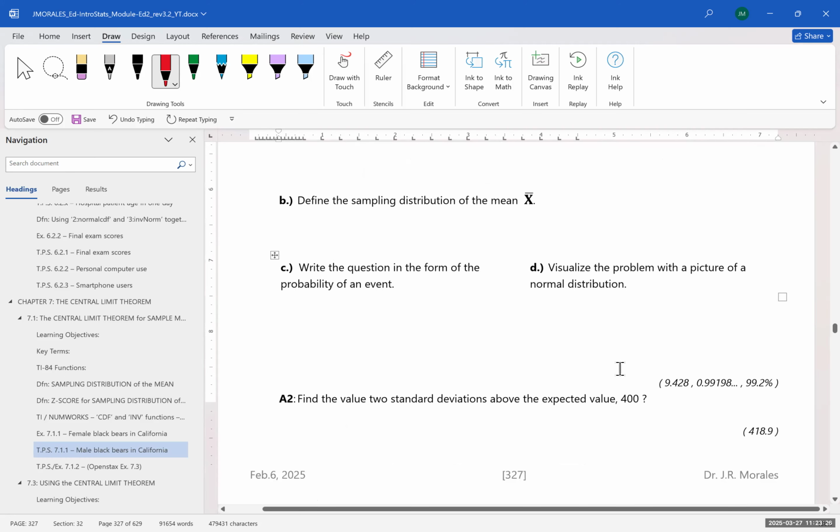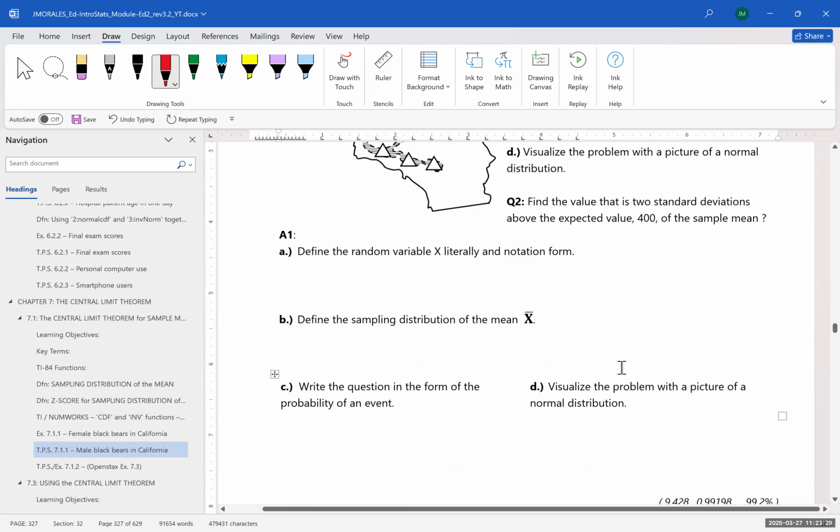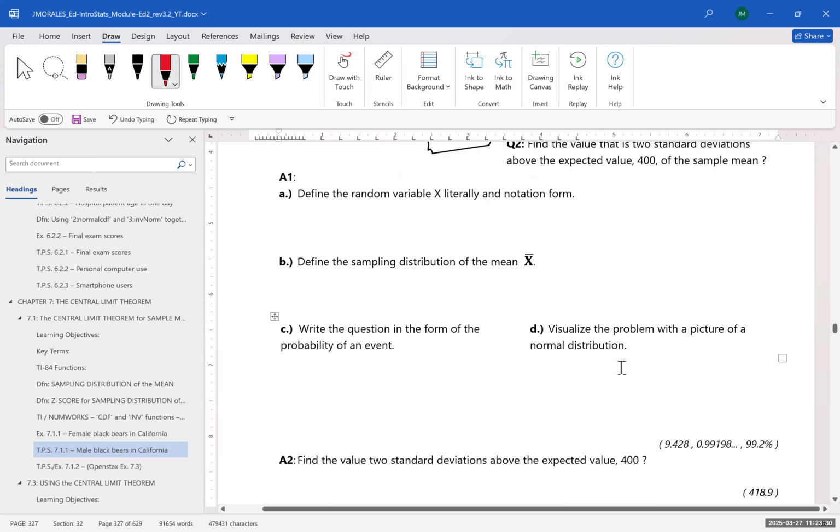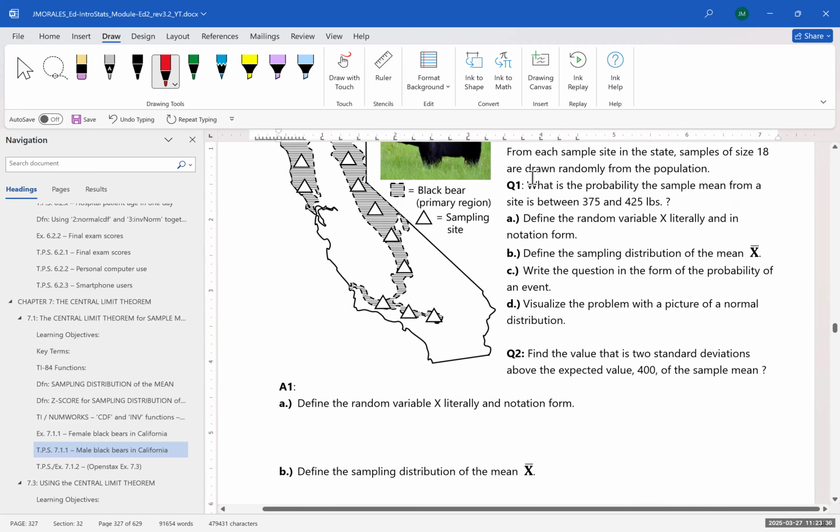All right, I think I've squeezed everything here onto one page. So what we're trying to do first is to calculate the probability that the sample mean from a site is between 375 and 425 pounds.